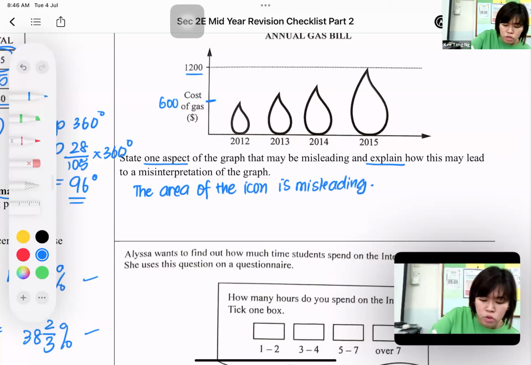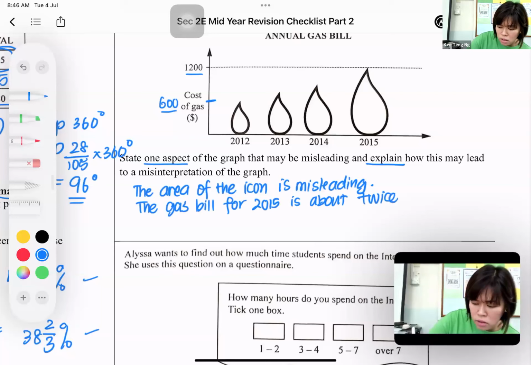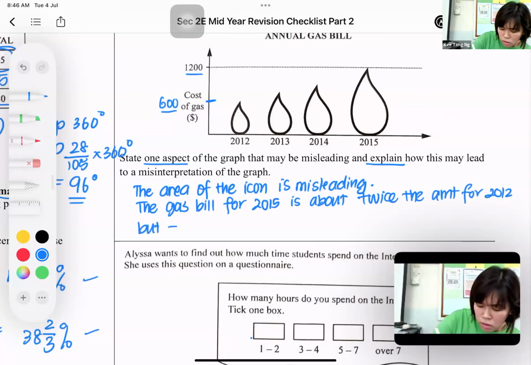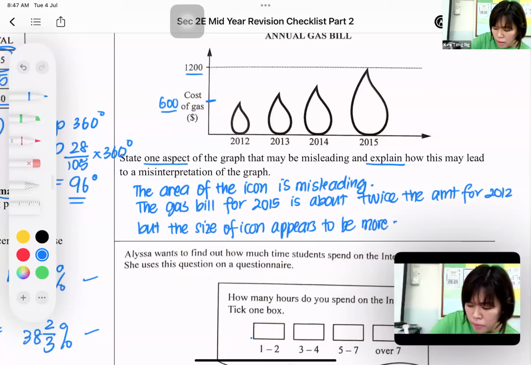I'm going to use the 1,200 and the $600 for comparison. The gas bill for 2015 is about twice the amount for 2012, but the size or the area of the icon appears to be more than twice larger.